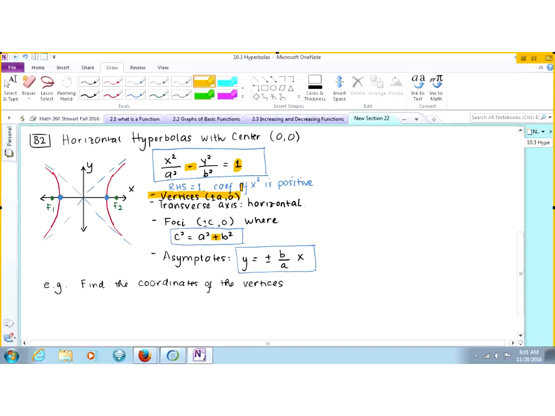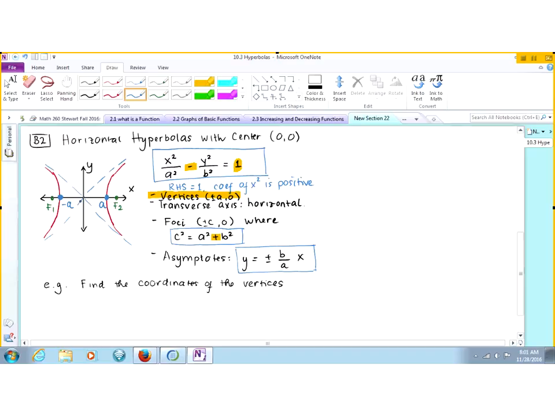I have to go back to B1 and write down the vertices. So this is a, this is negative a: a, comma 0 and negative a, comma 0.